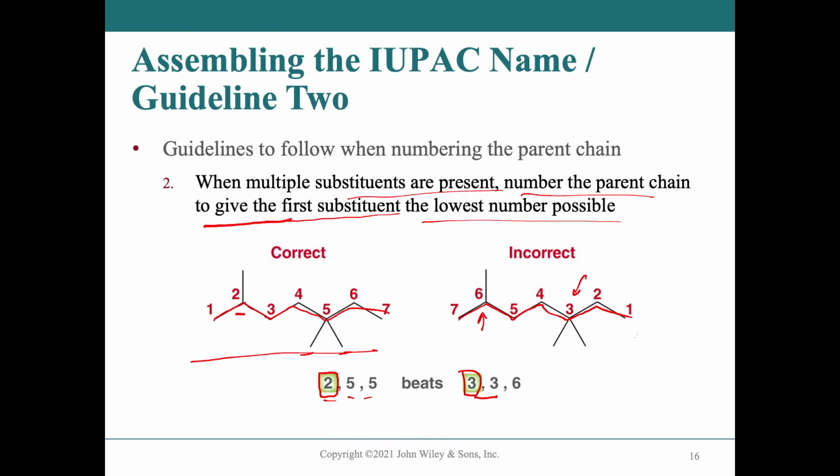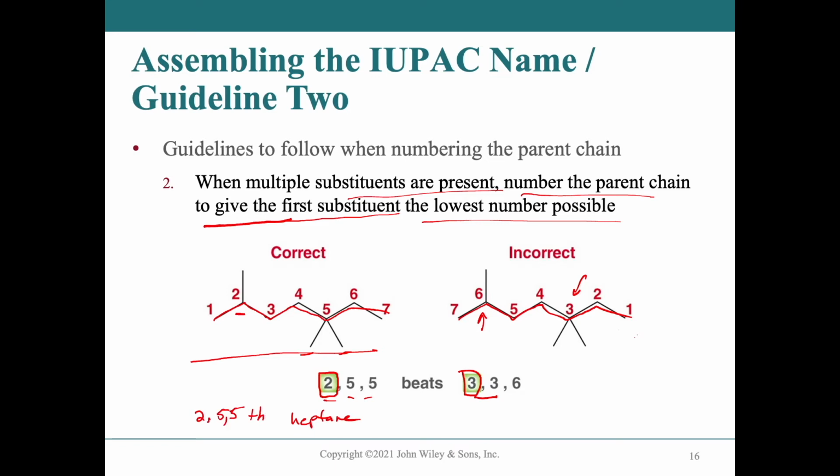So we can go ahead and name this here. I mean, it doesn't say to, but we can go ahead and name this, right? I will start out with the parent chain first, heptane. And then usually we name our substituents in alphabetical order, but these are all 3 methyls, right? So the name would be 2, 5, 5.